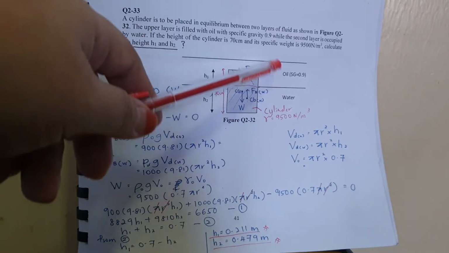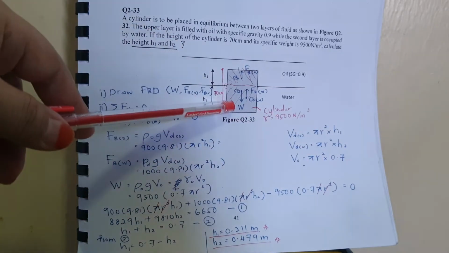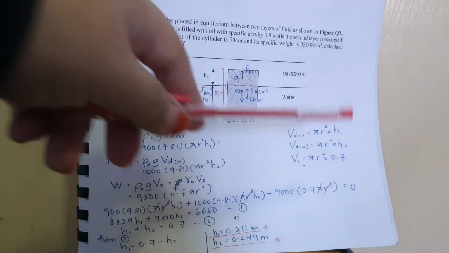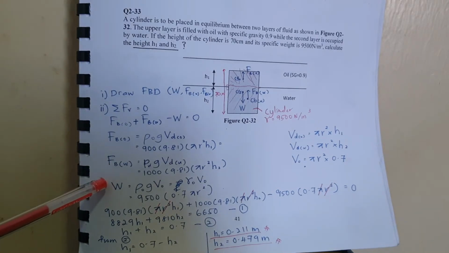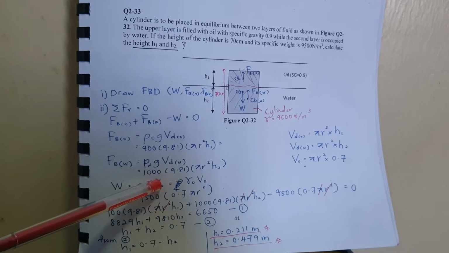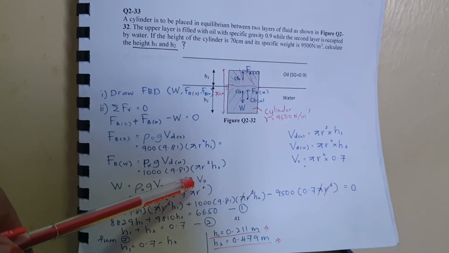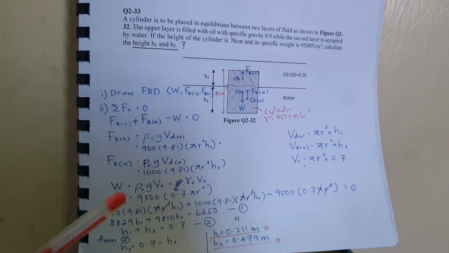The whole object is pi r squared times 70 centimeters, equal to 0.7. So how to calculate W? Remember W is about the object, so use the density of the object, g, volume of object. So we know rho g also equals gamma, because the problem gives you gamma of the object.